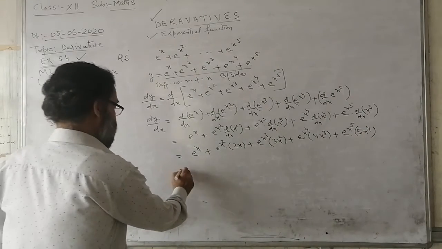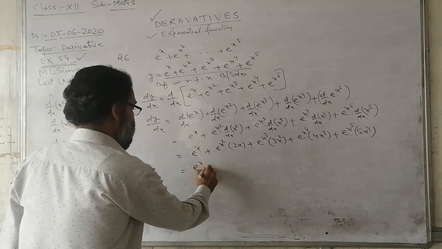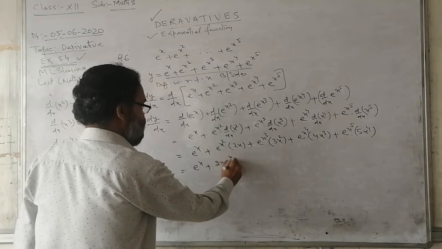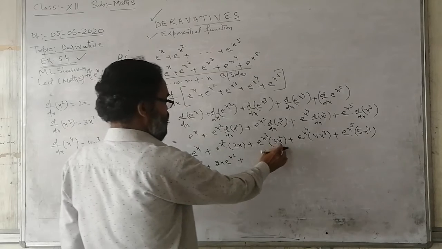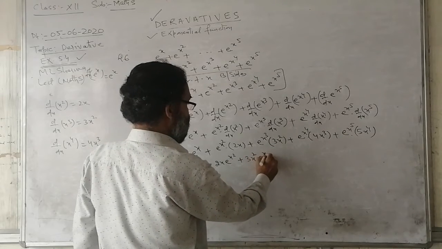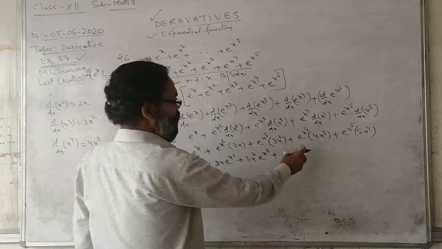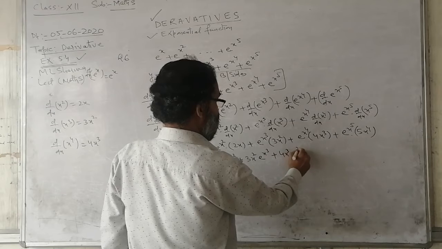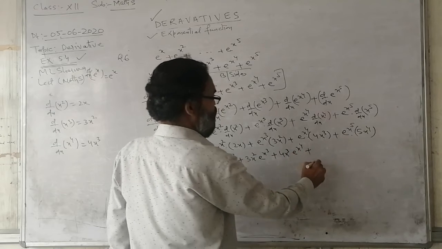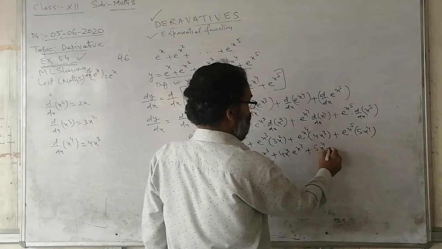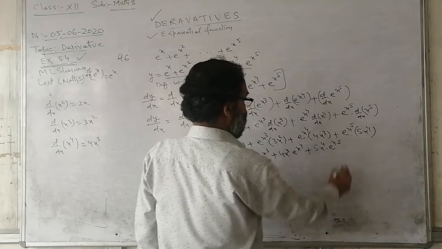So further, this is written in this way: 3x² e^(x³), then 4x³ into e^(x⁴), and again 5x⁴ e^(x⁵).